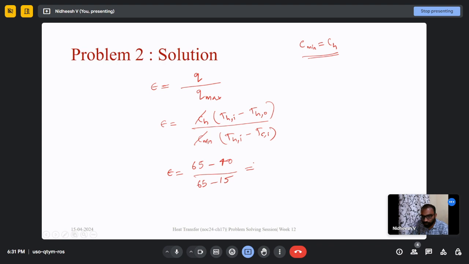This would be 25 by 50, which is 0.5. So the effectiveness of the heat exchanger is 0.5. This means the heat exchanger can achieve 0.5 times the maximum possible heat transfer rate for the given inlet conditions for hot and cold fluid.